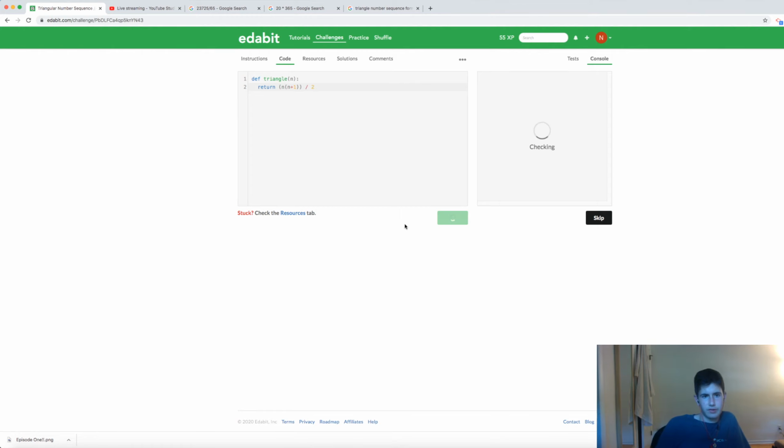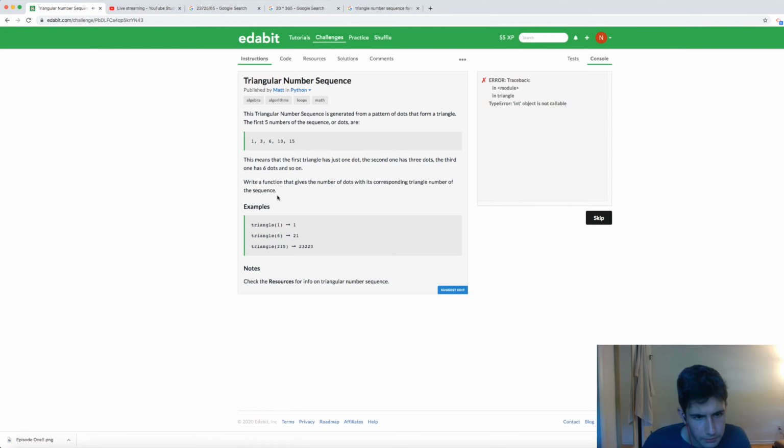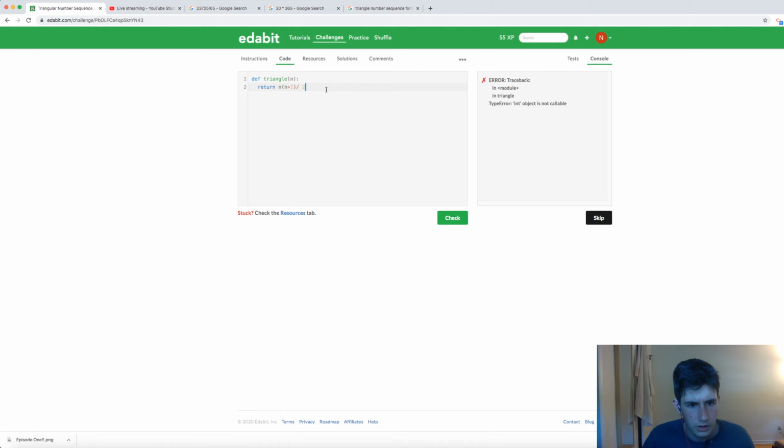Are we right? Ooh. Int object is not callable. Why not? Maybe we just have to go like this. Int object is not callable. Hold up. What is the issue here?